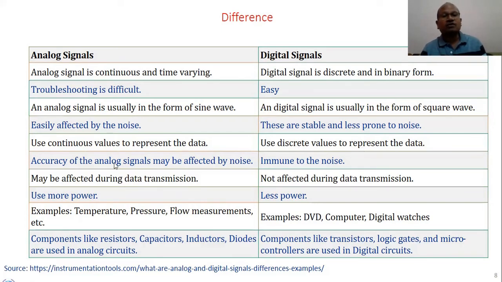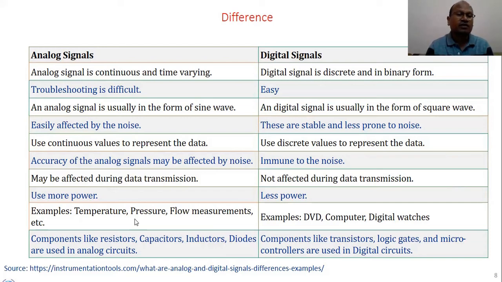The accuracy of an analog signal is affected by noise, whereas accuracy is not affected in digital because we know that it is immune to the noise. An analog signal may be affected during data transmission, whereas for even long distance data transmission, a digital signal is not affected. Analog uses more power, whereas a digital signal requires less power.